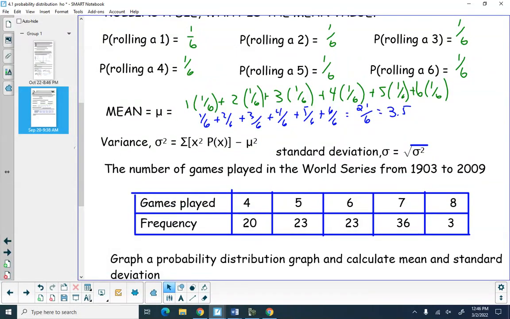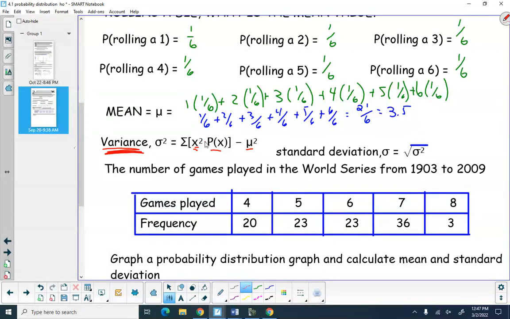Standard deviation, or our variance. We take our outcome squared times our probability, minus our mean squared. So when we're talking about a variance, we have outcome squared times its probability minus the mean squared.